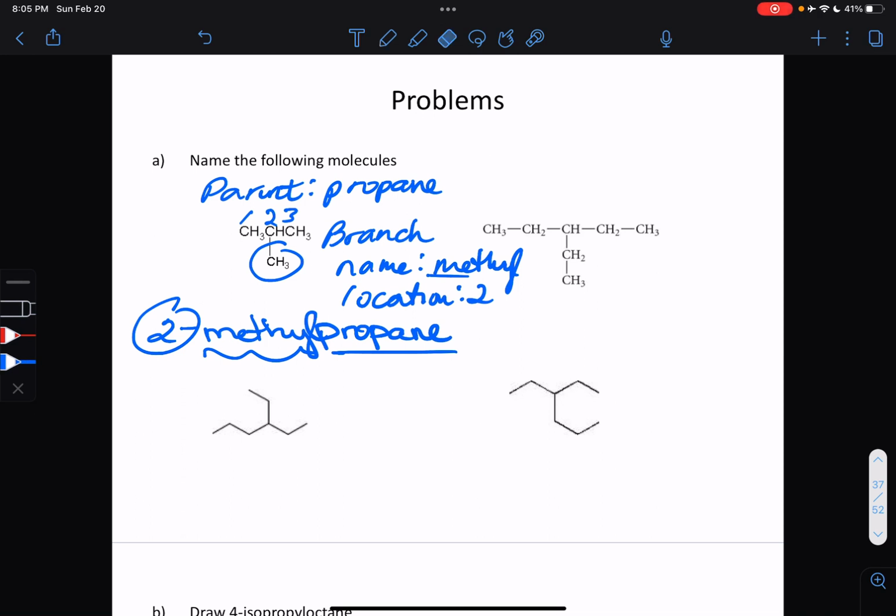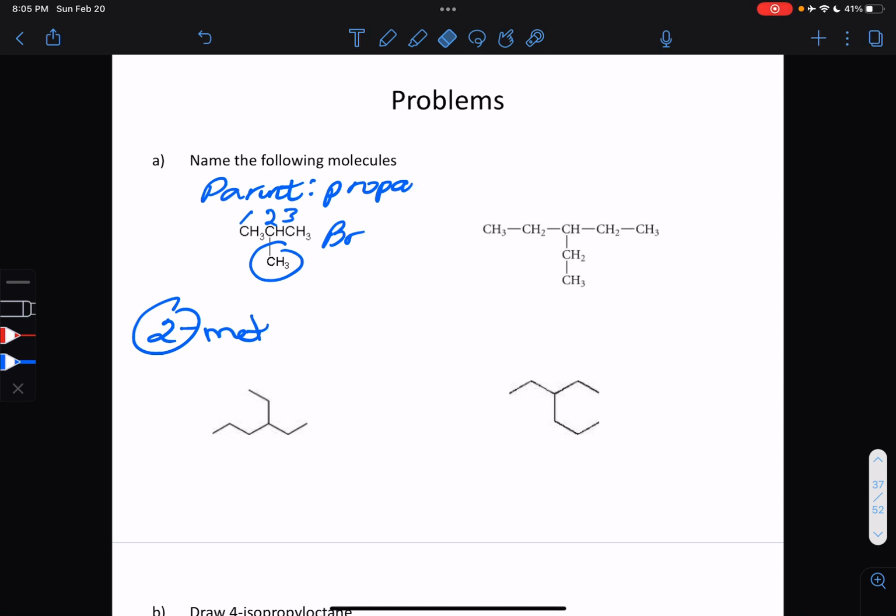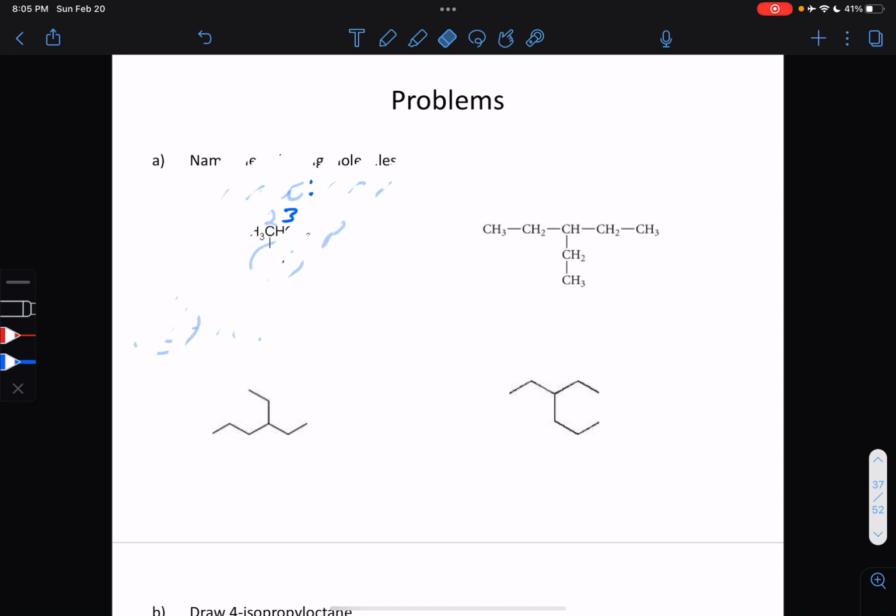Okay, friends, let's move on to the next molecule here. So what we've got is 1, 2, 3, 4, 5. We've got a 5-carbon chain if we go left to right. If we go down, we would have a 5-carbon chain.